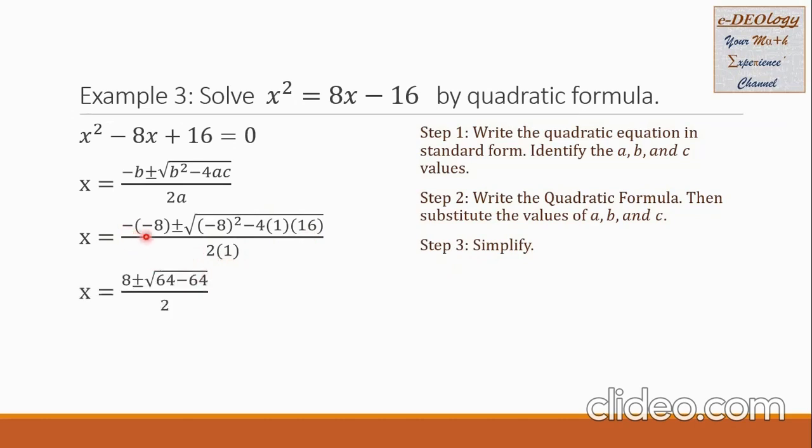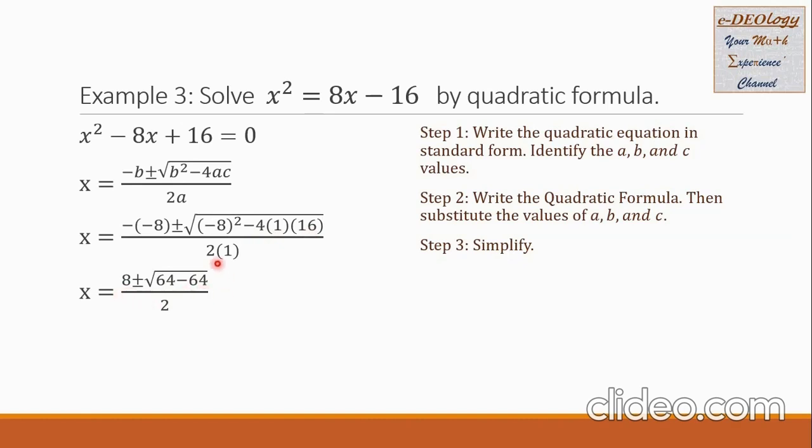The negative of negative 8 is positive 8, plus or minus the square root of, the square of negative 8 is positive 64. Then minus the product of 4 times 1 times 16, which equals 64.